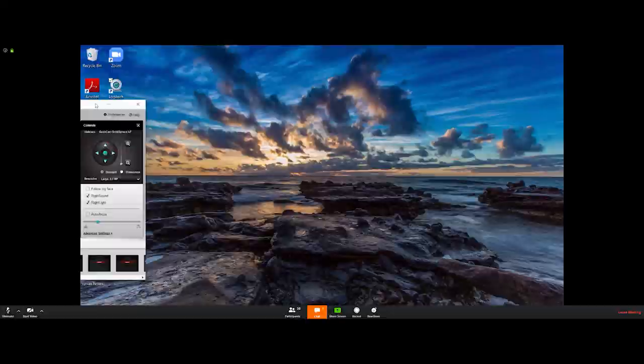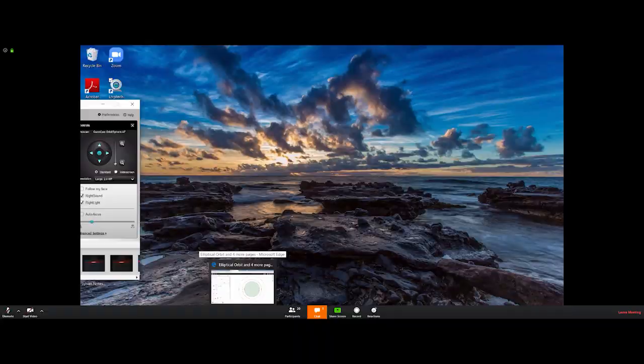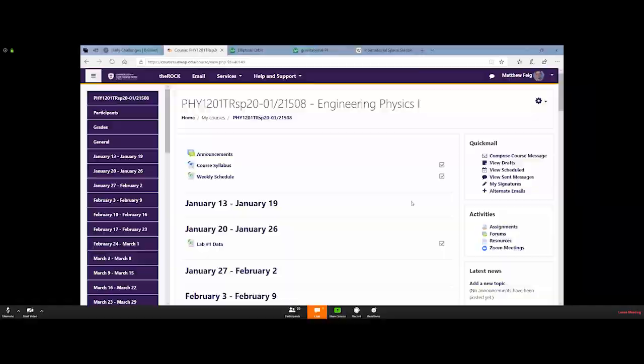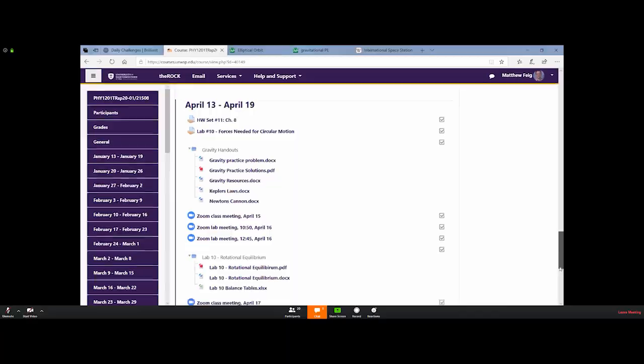In this case, we're not going to be orbiting the sun, we're going to be orbiting the Earth. Well, I'll show you the page here. Down at the bottom. Not quite far enough. Here we go.